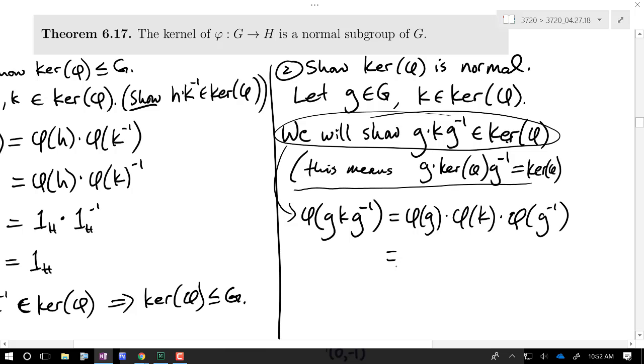And of course, phi of G inverse has to be the inverse of phi of G. Now, on the other side, all of our elements were in the kernel, so we knew these all had to go to the identity. But over here, G is any old element of G. I don't know where G maps to, but I do know that K is in the kernel. So phi of K has to be 1.